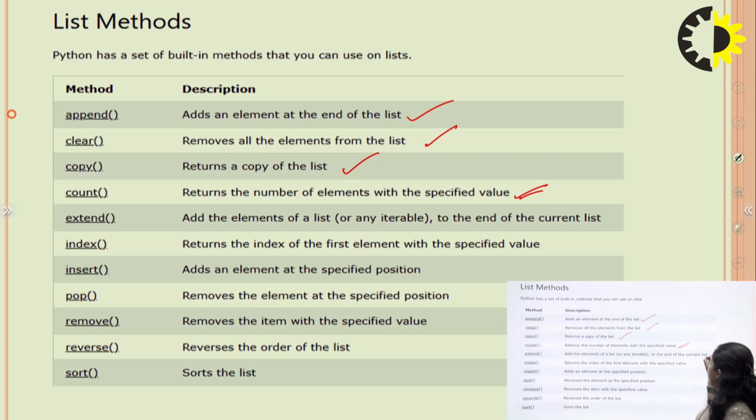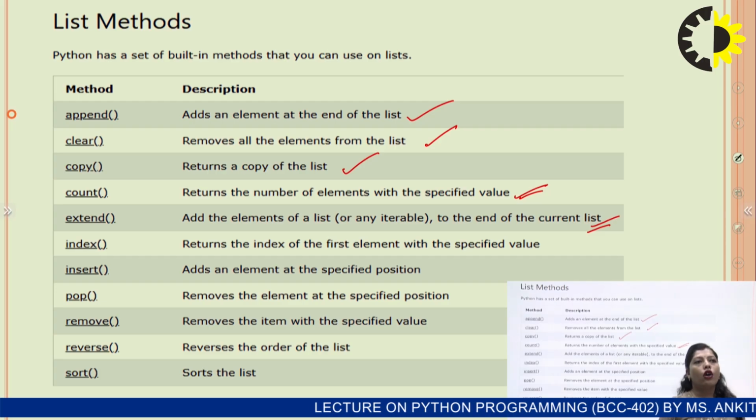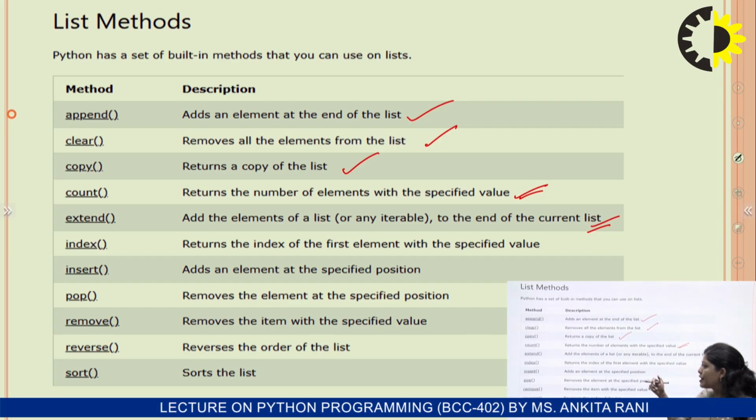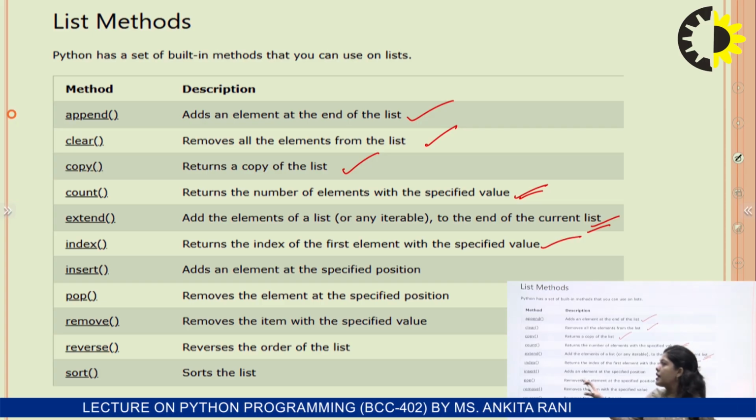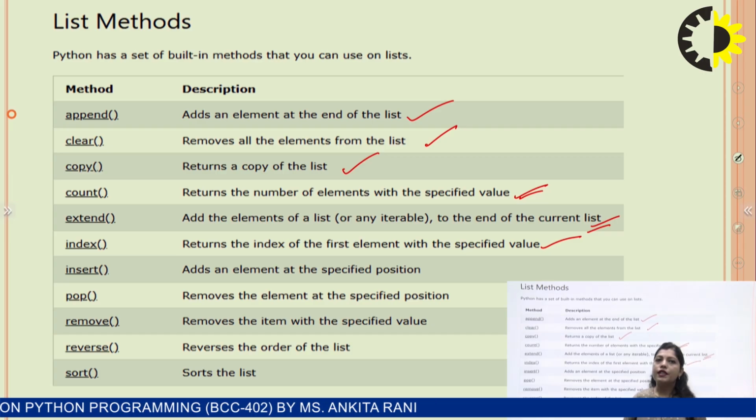Next is extend. Extend means you want to add elements, or any iterable, to the end of the current list. Next method is index. Index returns the index of the first element with the specified value.